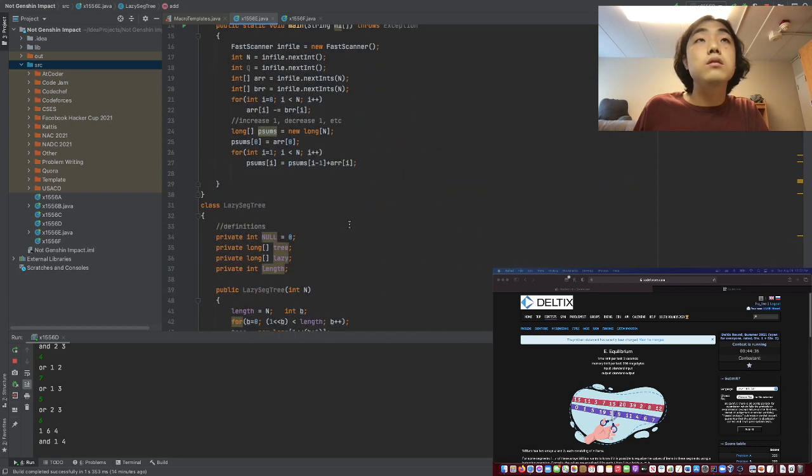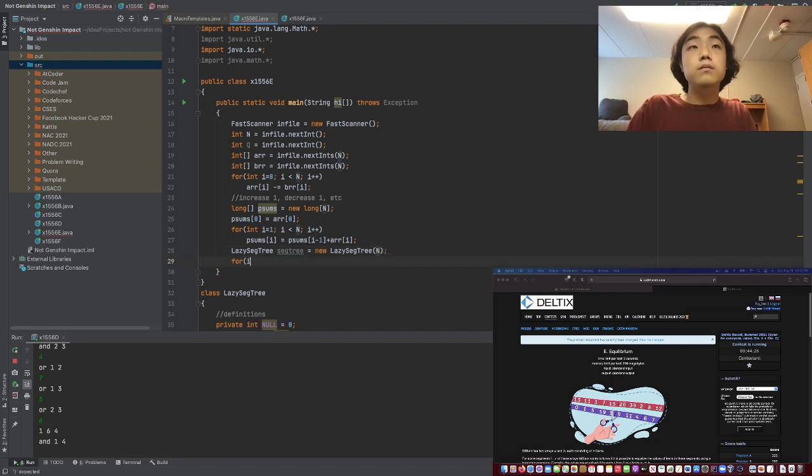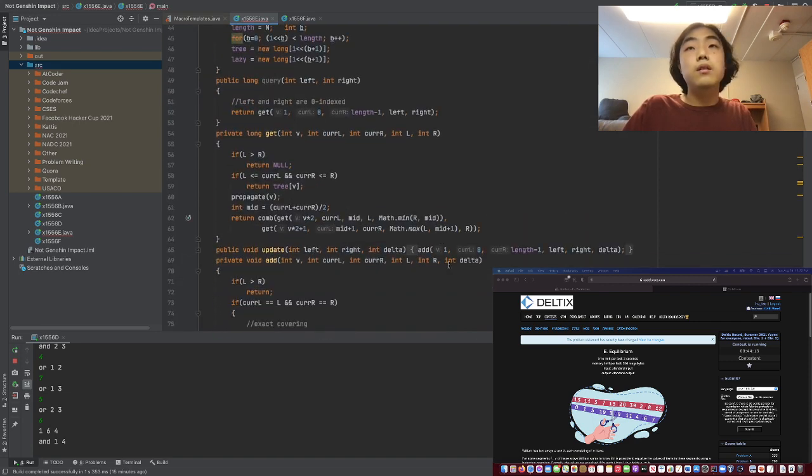Yeah, so lazy seg tree. Seg tree dot update I to I with p sums at I. Oh right, we have to change this to long. A long delta.